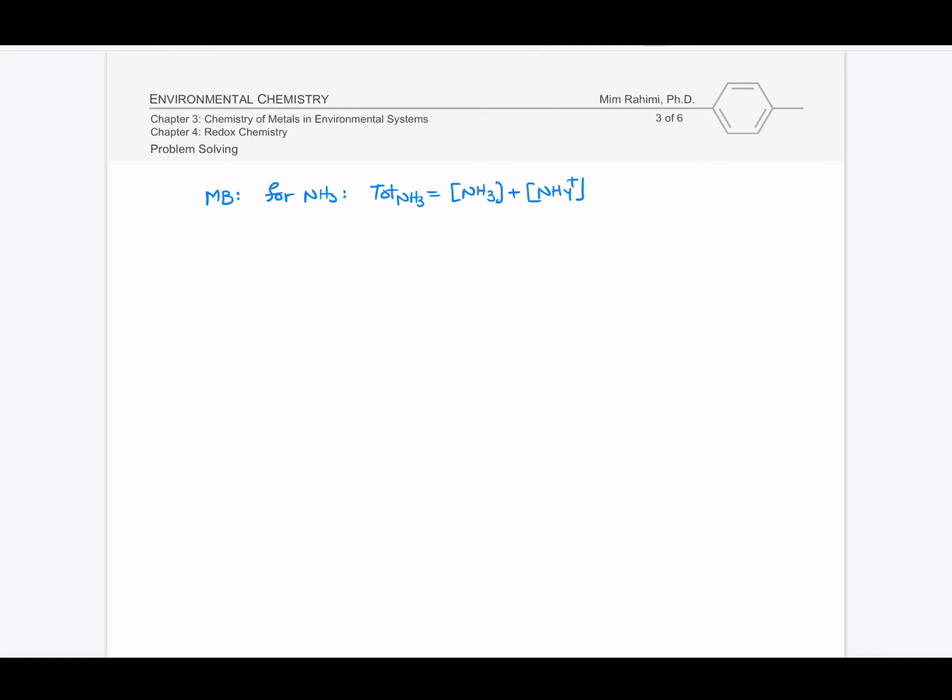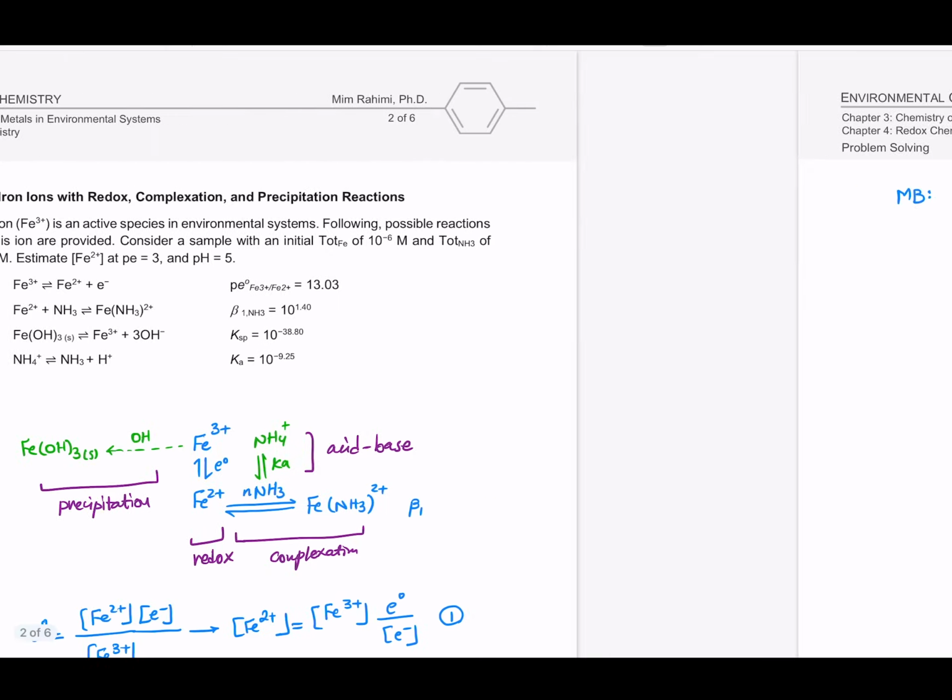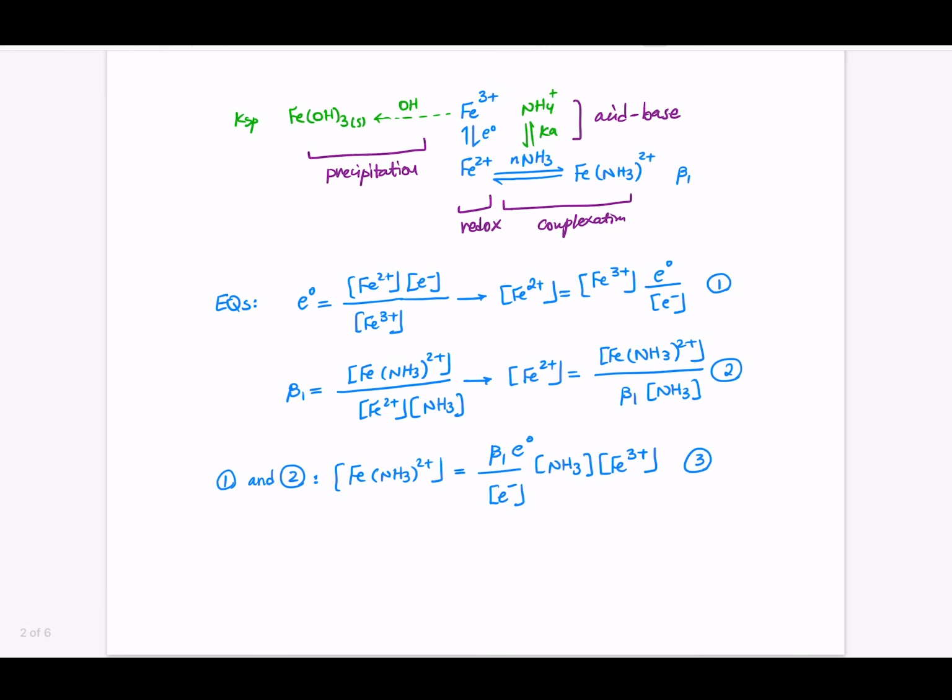And we know how ammonia and ammonium are related. Let's go back here. Have that equation also here, Ka1, or just Ka, would be NH3 times proton divided by the concentration of ammonium.